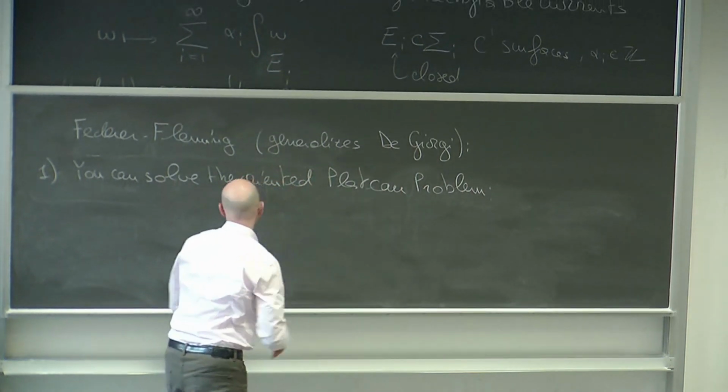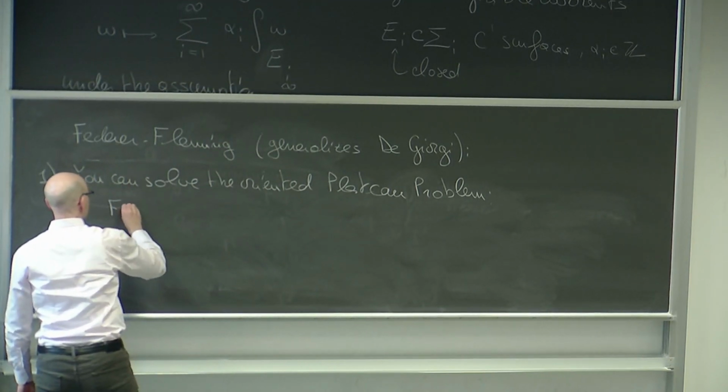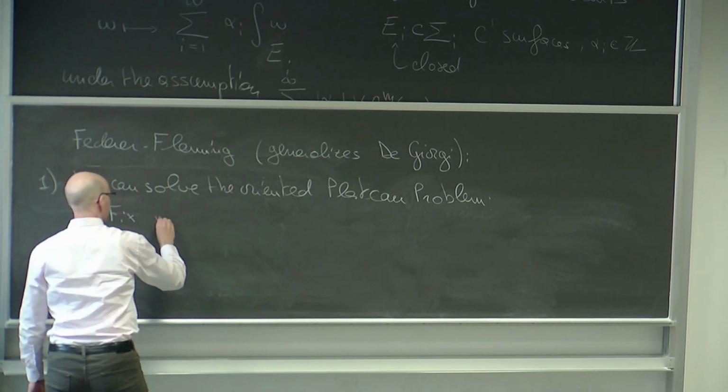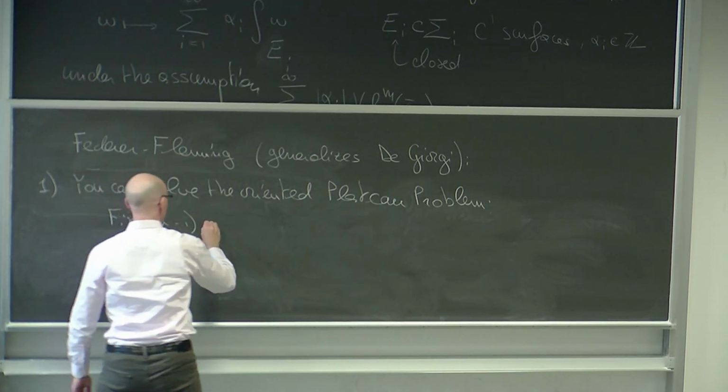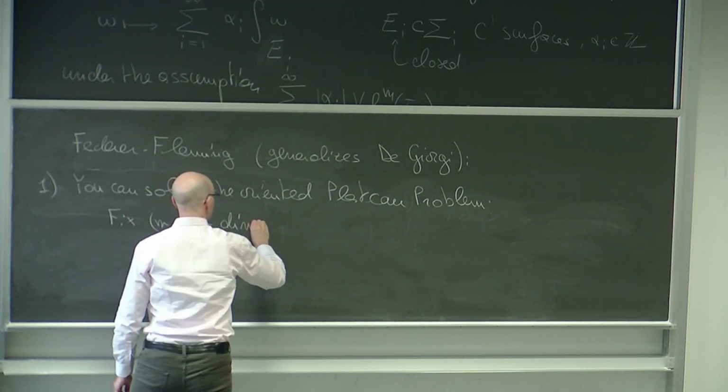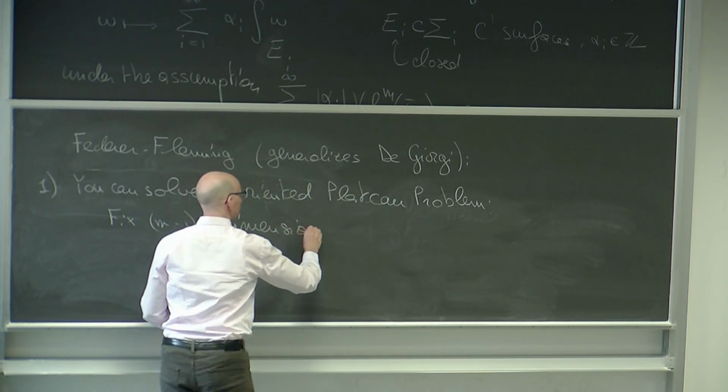So this means fix some contour gamma, which actually you can assume is a nice surface without boundary.